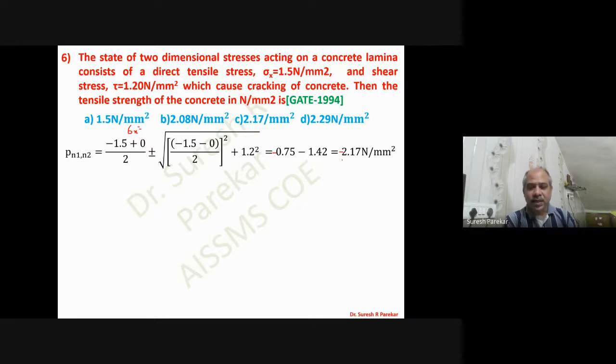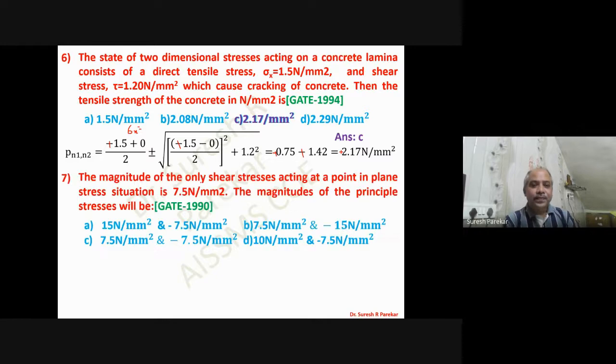That is tensile, so you can say 2.17 Newton per mm square. If you consider tensile as plus, then all these values will be plus and we have 2.17. So the sign convention you have to decide.